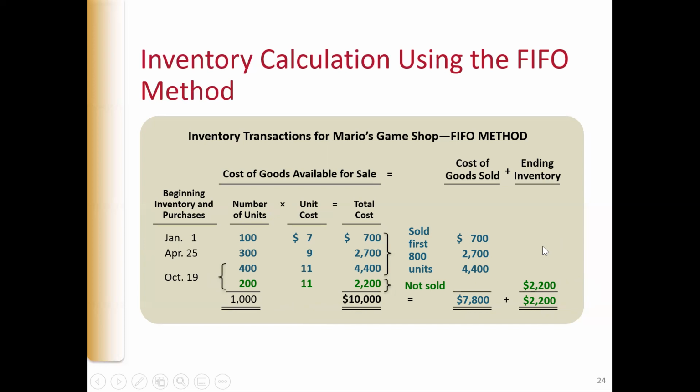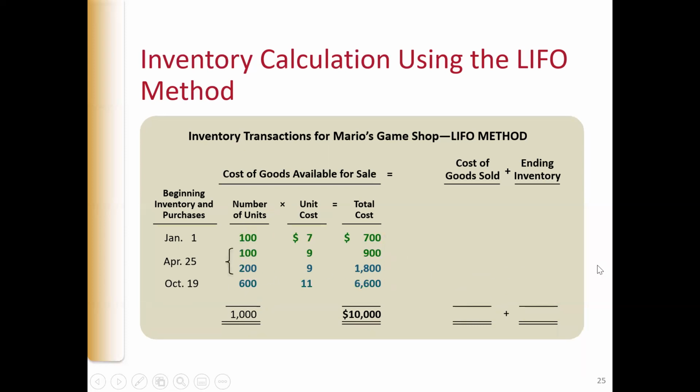Does that make sense? FIFO, the first units that we purchased are going to be the first units we say were sold. So if we have 1,000 units, the first 800 are what we're going to show were sold.